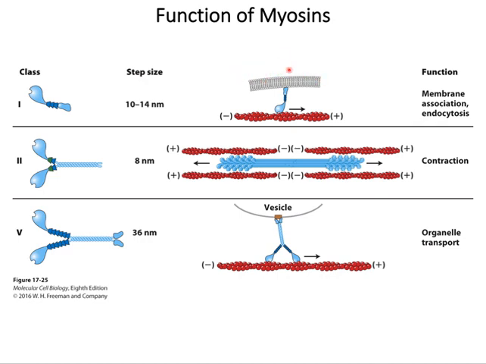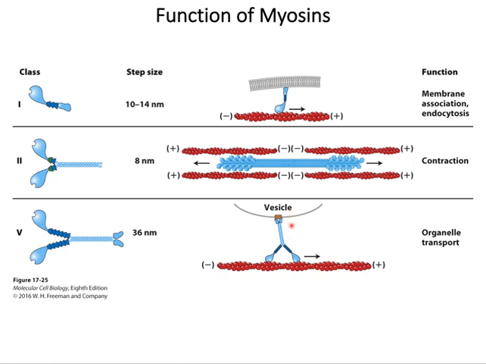This myosin also plays an important role in endocytosis and vesicle trafficking by moving vesicles that need to be moved towards the plus end. In this case, you can imagine that this could be a membrane vesicle of an endocytic vesicle. We'll come back to myosin 2 in a minute. The role of myosin 5 is mostly vesicle trafficking.